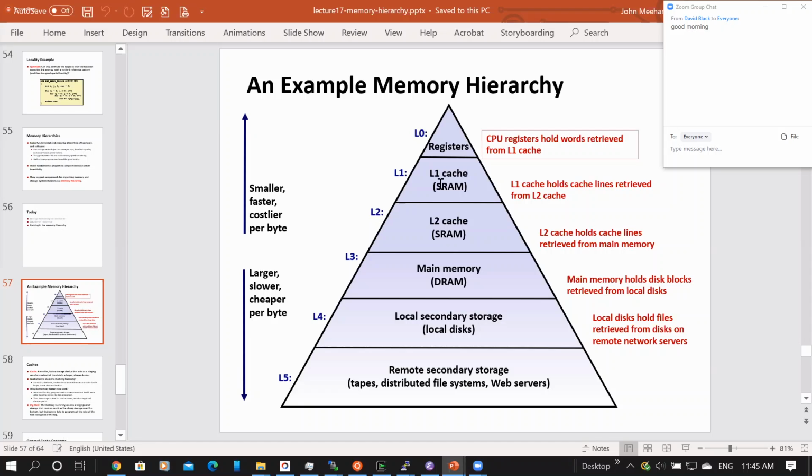And the degree to which your program makes effective use of those caches is the degree to which your program exhibits temporal and spatial locality. So the thing you have to learn when you're writing your program is how can I write programs that make effective use of the caches by exhibiting the most temporal and spatial locality that I can.